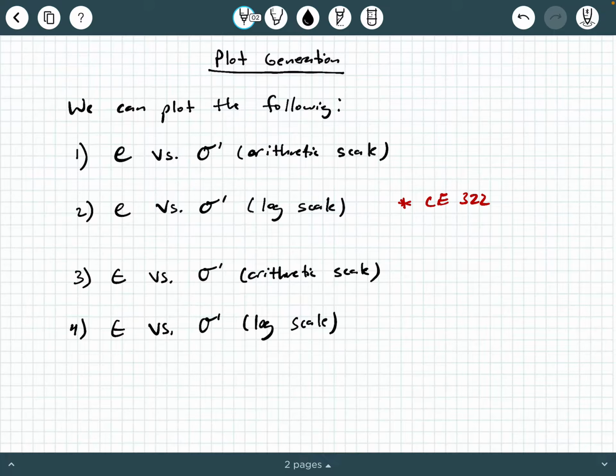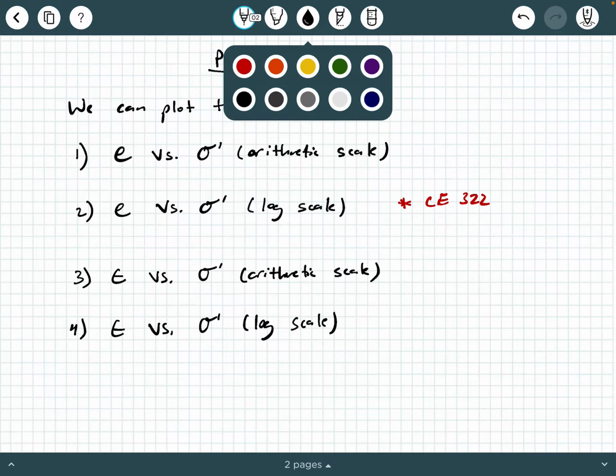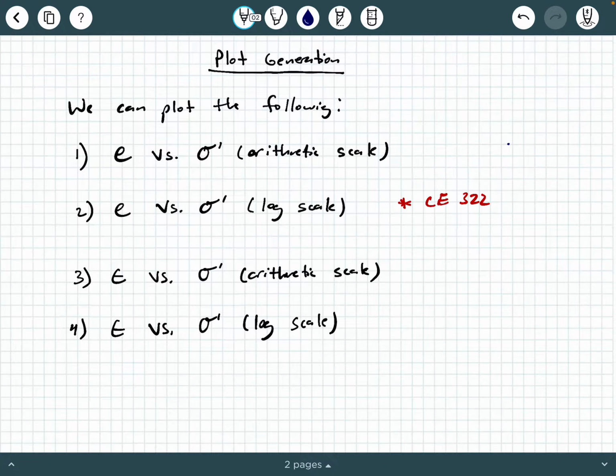Now here's another comment I want to make. When we plot void ratio, so for these first 2 plots right here, your void ratio plots, we typically display e positive increasing, and I'll show you what that means here in a second.